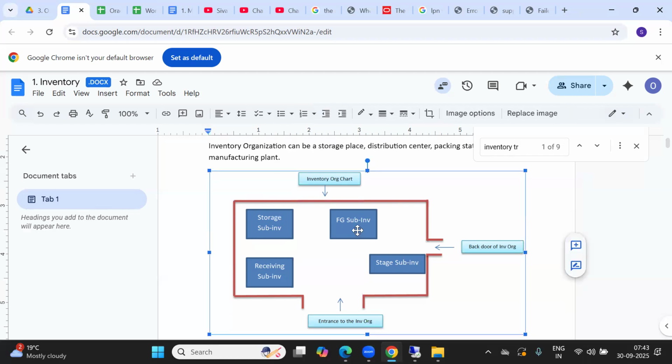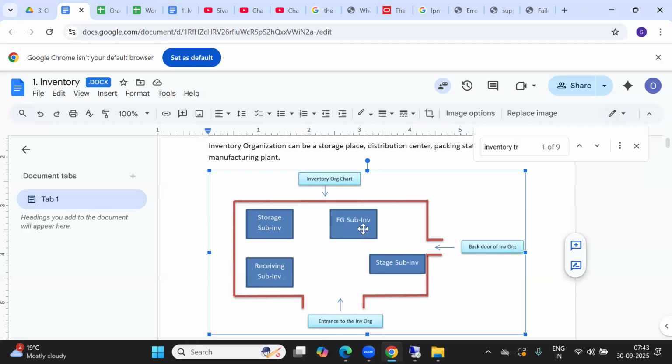From the FG sub-inventory, they got a demand from customers, and 50 laptops are sold out. Now you will have only 50 here, but they have not done any action in the application.